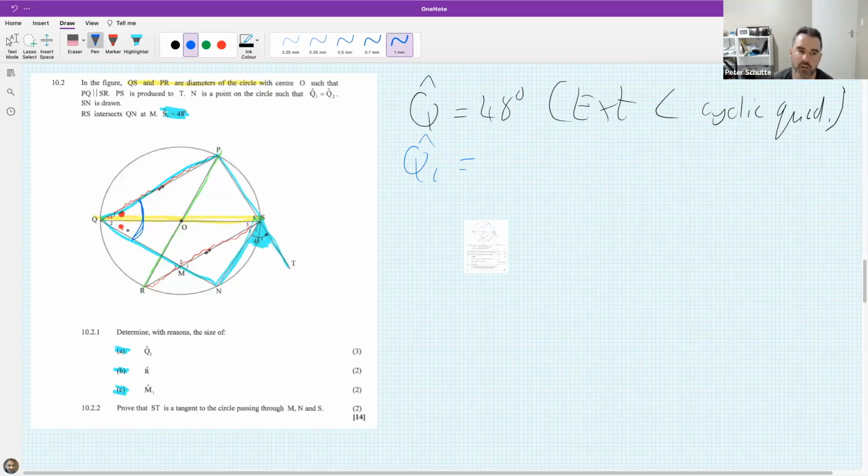And because earlier in the question they told us that they were each equal, it has to be 24, because Q1 equals Q2, and that's given. So this is 24, and that is 24. Okay, find me what R and find me what M1 is.